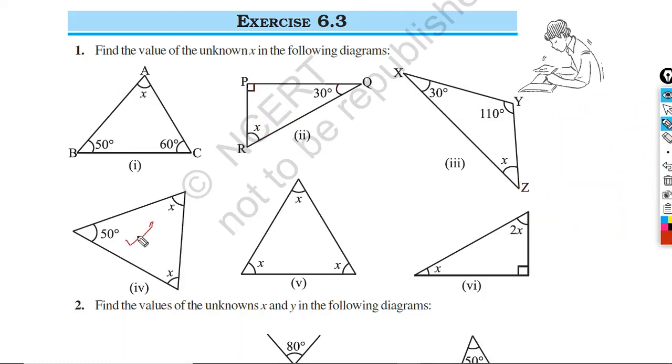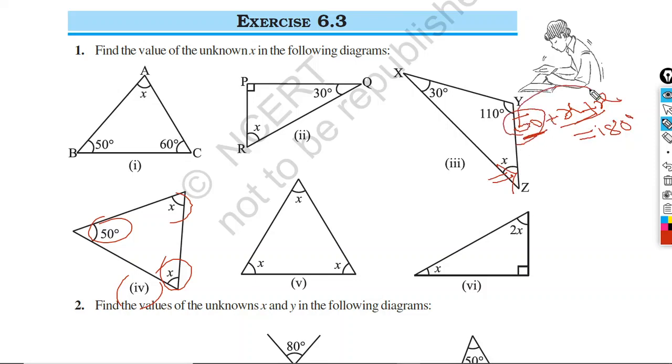Here you look at it. 50 degree, x and x. Again similarly first you write the sum of three interior angles of a triangle is 180 degree. So we'll write 50 plus x plus x equal to 180, implies x plus x is 2x, and just transpose this 50 to RHS.